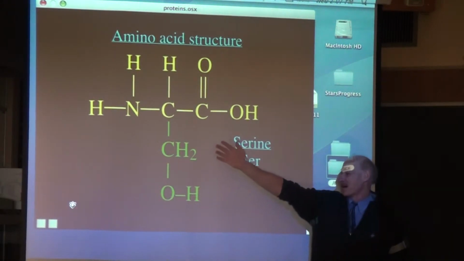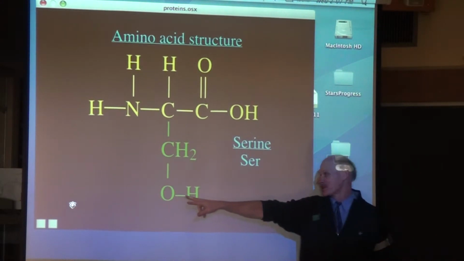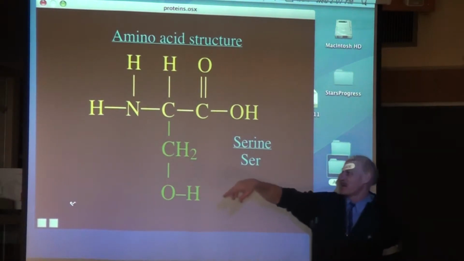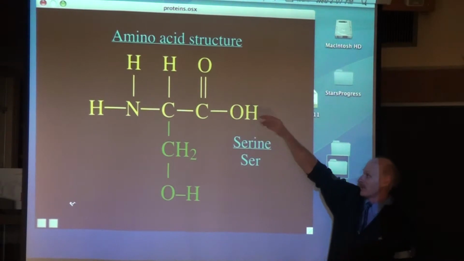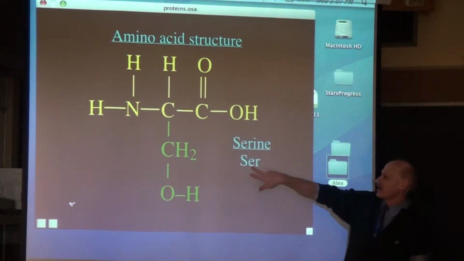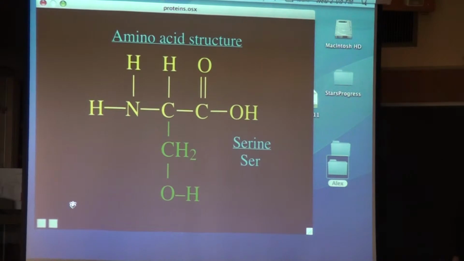I'm not drawing them in here, but you know that the oxygen will have a partial negative charge, this hydrogen will have a partial positive charge, this carbon has a partial positive charge, and so some R groups are polar. This also illustrates the naming convention. Here's the full name, serine, and Ser is the shorthand for this particular amino acid.